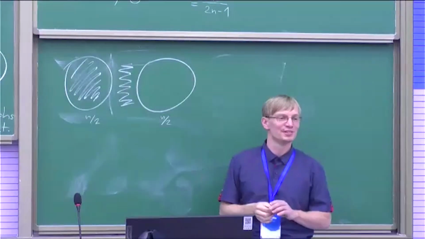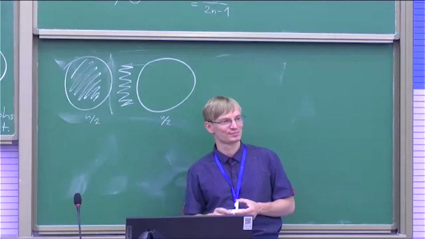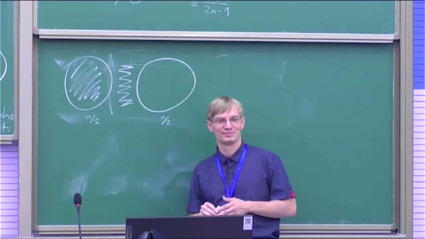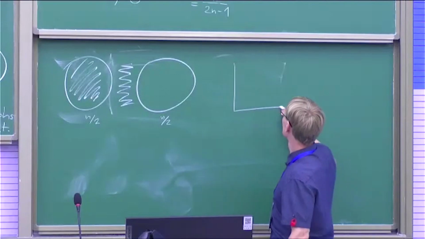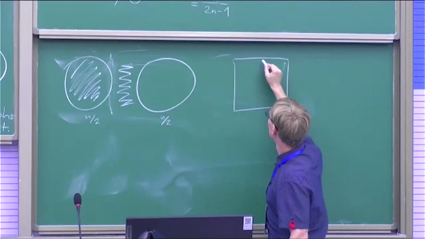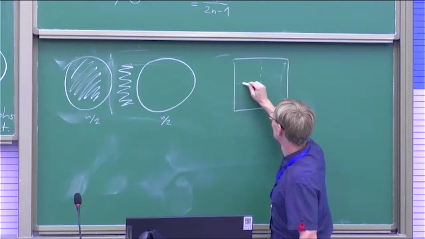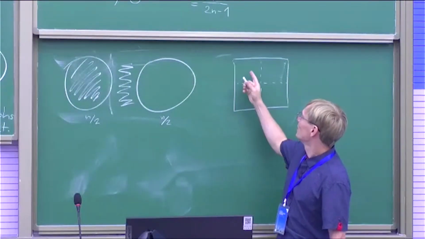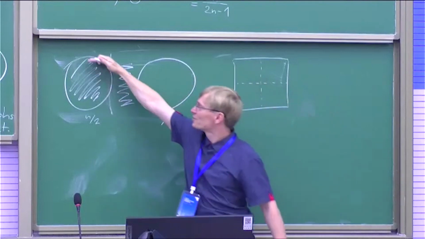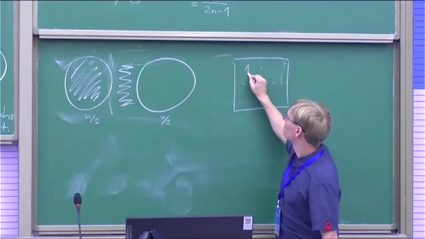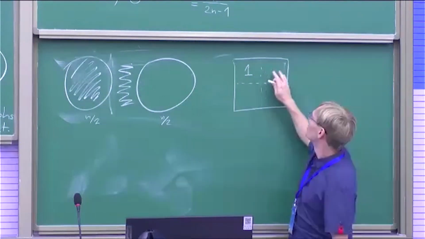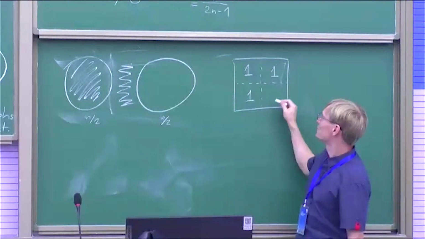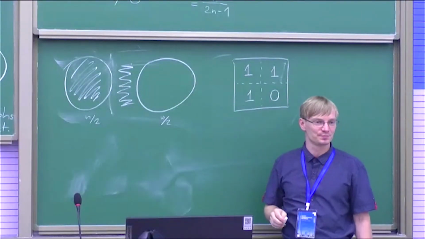So what could be the limit of such a sequence? Something like a square, which is also divided into two parts in each dimension. Here, let's say that this is the first part. It will be fully connected, right? Between the parts I have also all connections, and inside this part I have nothing.